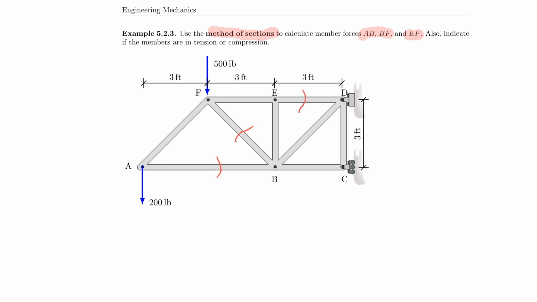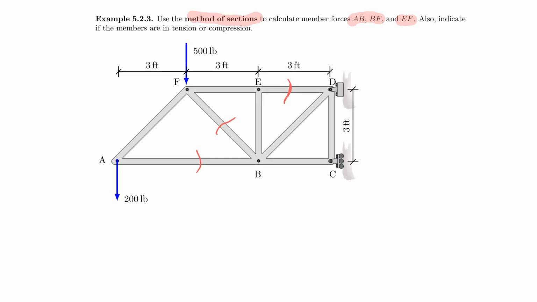There's EF here. And you would think, hey, if I cut through all these members at the same time, I cannot use my method of sections because I'm cutting through effectively 4 members, right? 1, 2, 3, 4. But note that EB is a zero force member. And if you don't see that, then that can be problematic in an exam because you would probably trip over your understanding of that.